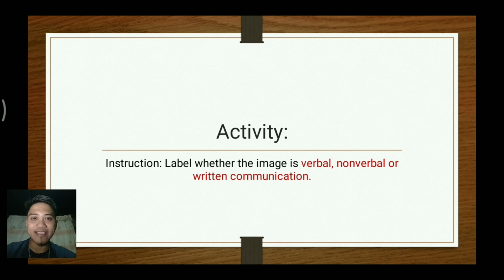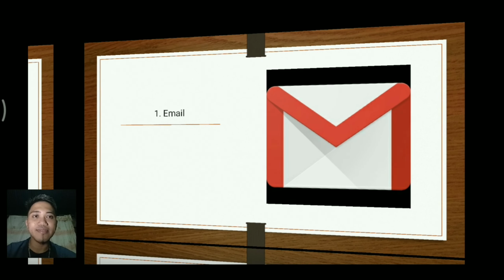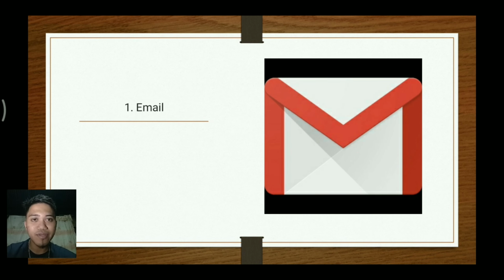And for today's activity, you are going to label whether the image that I'll be showing to you is verbal, non-verbal, or written communication. How can you label this one? What is the label?